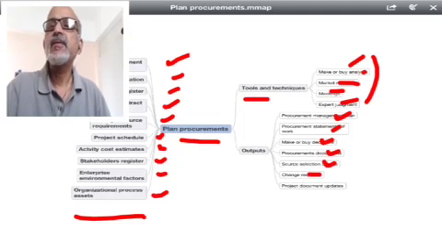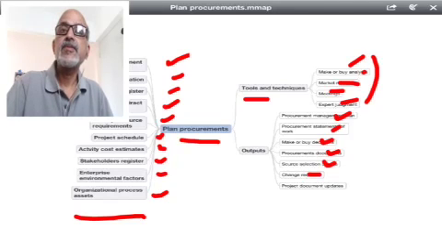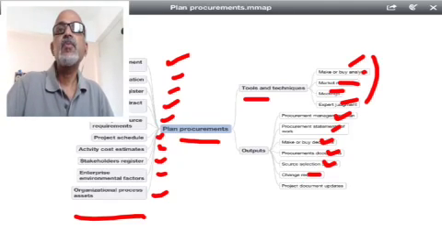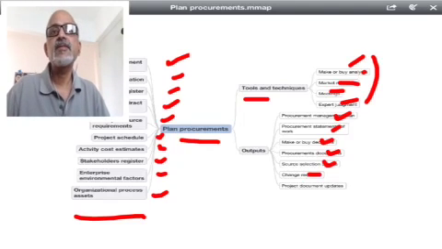And while planning the procurement, sometimes we may have to raise some change requests, maybe to the charter, to the plan, or to the statement of work given by the customer. Let's say you're constructing a house and, as per the initial requirement given by the customer, everything must be teak wood.